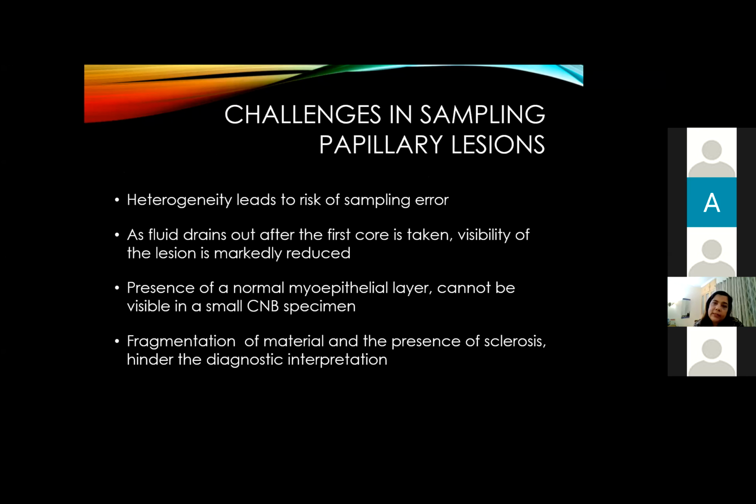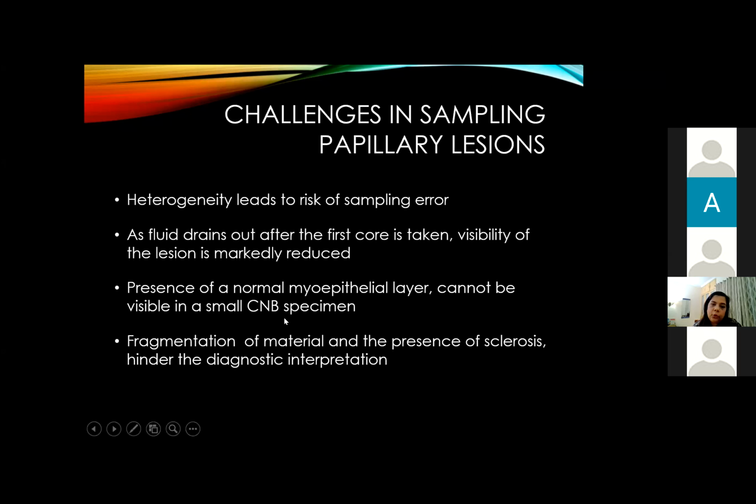So the challenges in sampling papillary lesions, they have been beautifully explained by Dr. Sheth. So just recapitulating, it's the heterogeneity which leads to a high risk of sampling error. In the cystic lesions, once the fluid drains out after the first core, visibility of the lesion, the solid component is markedly reduced, so the targeting becomes more or less blind.